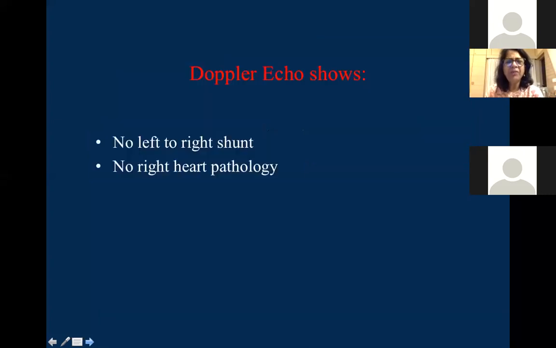So we do the Doppler study. We rule out the left to right shunt, which might cause the shortness of breath. We rule out right heart pathology also. And then we see that he has diastolic dysfunction with elevated LV filling pressure.